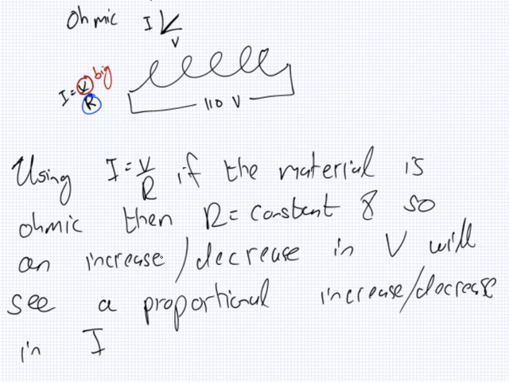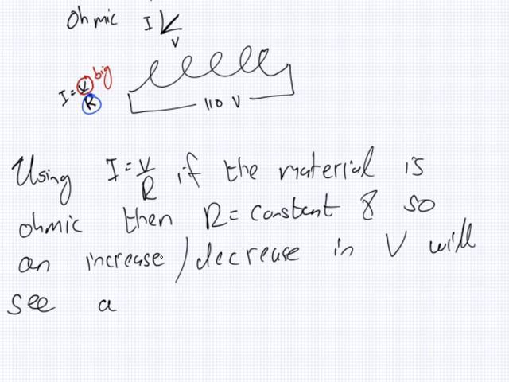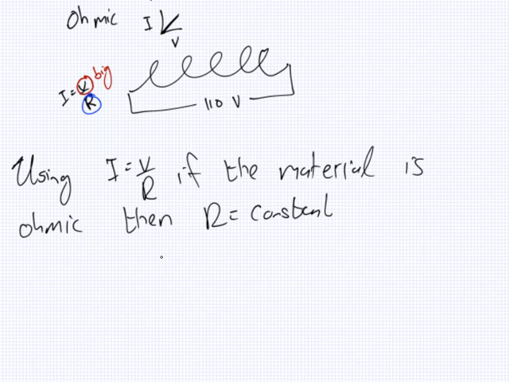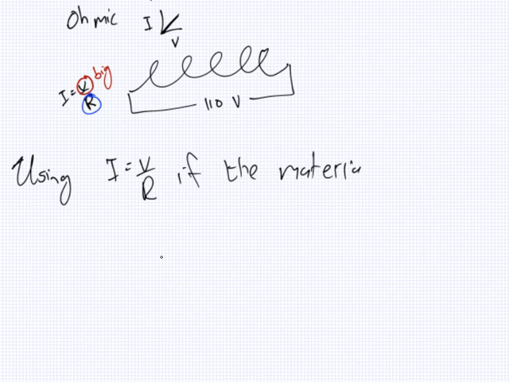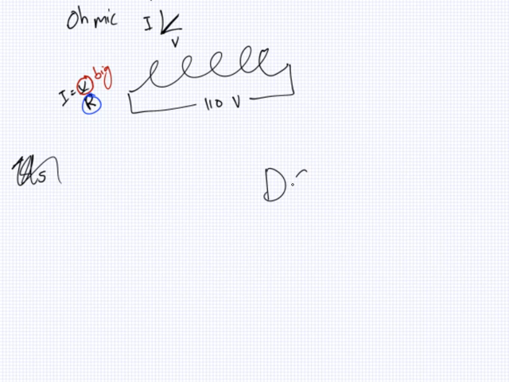No, don't write this down. Well, what I wrote down is still true. If you want to write it down, it's still true, but it's only true for DC. So how does it change in AC?